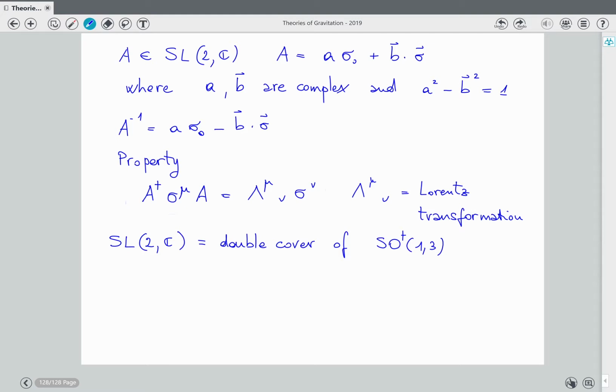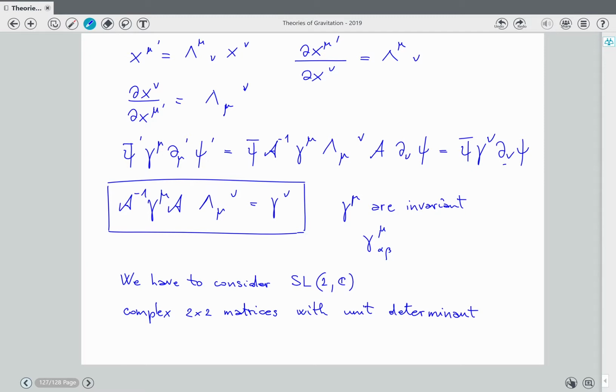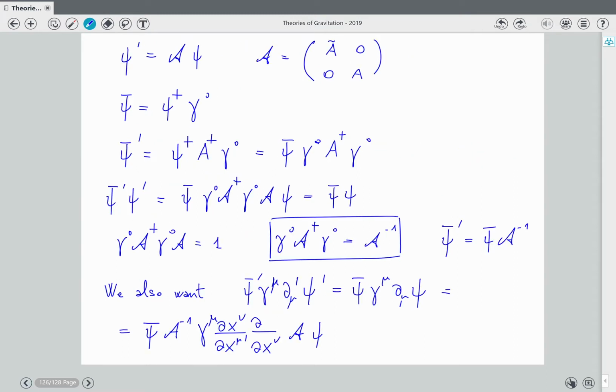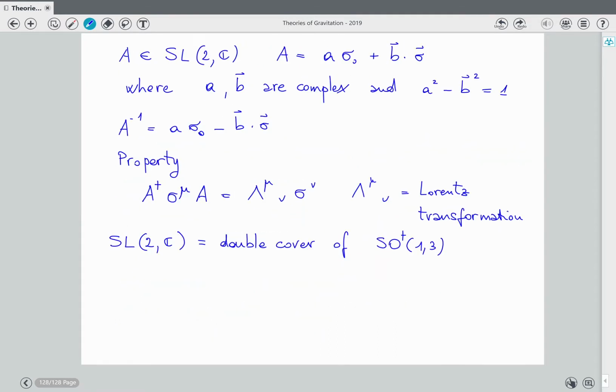So we said that we want several things. We want this one, and before that we want this one or that one. Let's start from this one. So gamma 0, A dagger gamma 0 should be equal to A minus 1, but gamma 0 is this.